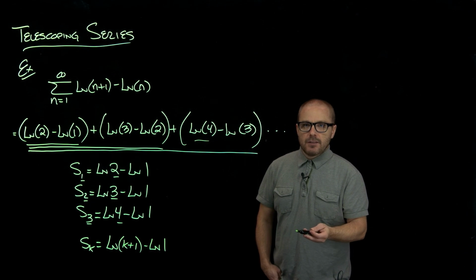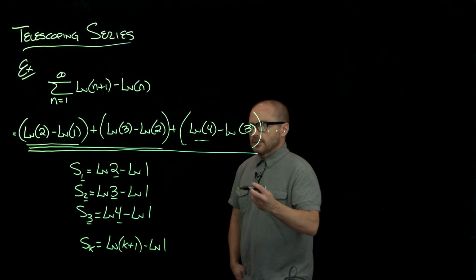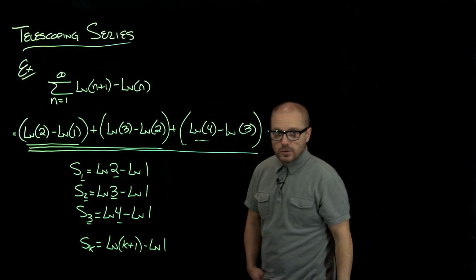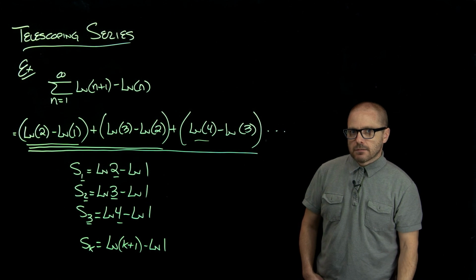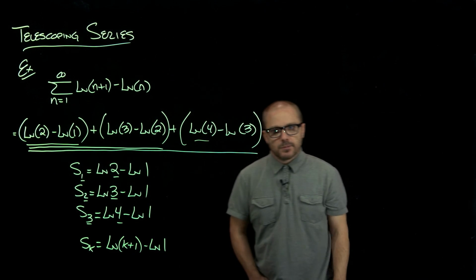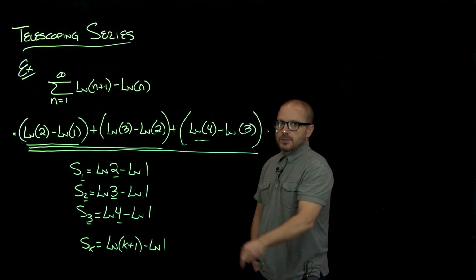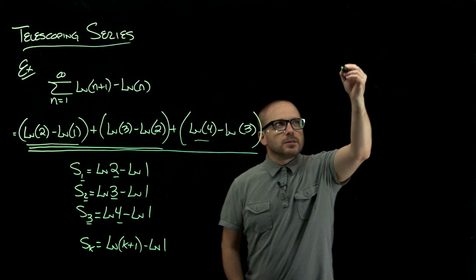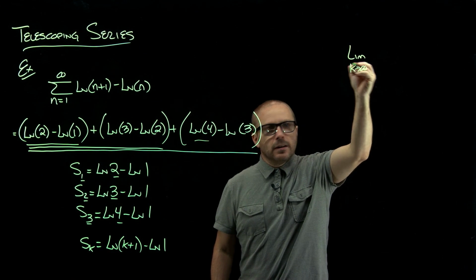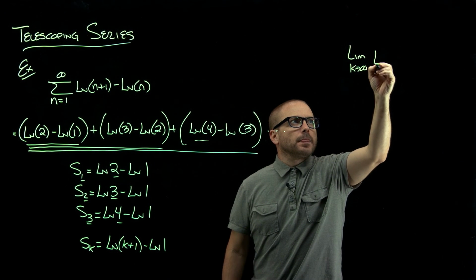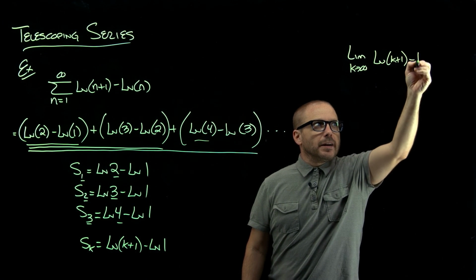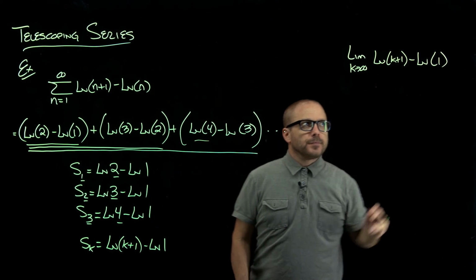And remember, by definition, a series will converge if the limit of its partial sums converges, and diverges if the limit of these partial sums diverges. So all we have to do is take that limit. The limit as k goes to infinity of natural log of k plus 1 minus natural log of 1.